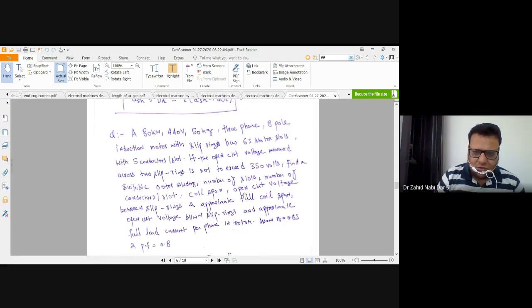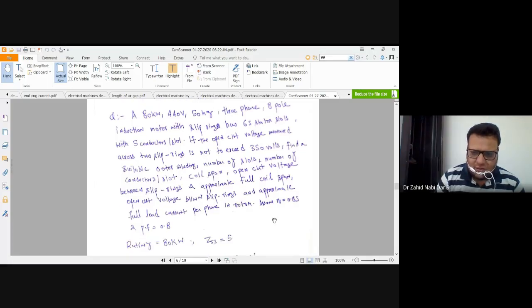Okay, so you have to calculate the rotor slots, that is SR, number of slots, then number of conductors per slot, coil span, open circuit voltage between slip rings and approximate full load current per phase in rotor. Assume efficiency to be 0.85 and power factor to be 0.8.